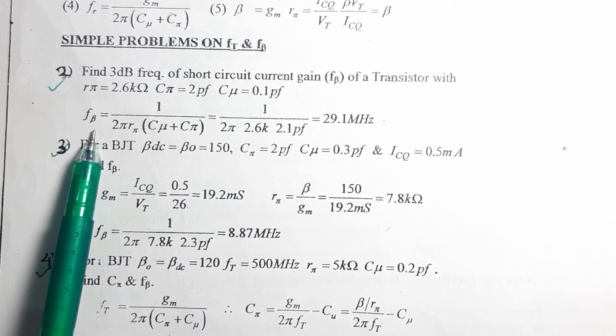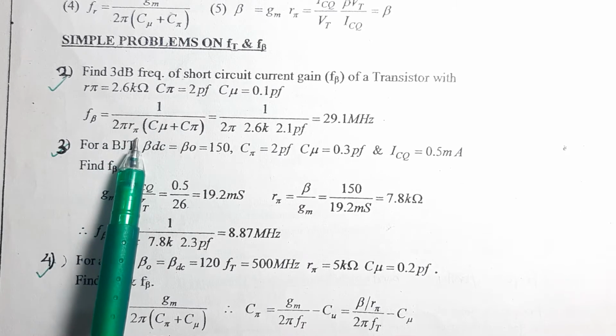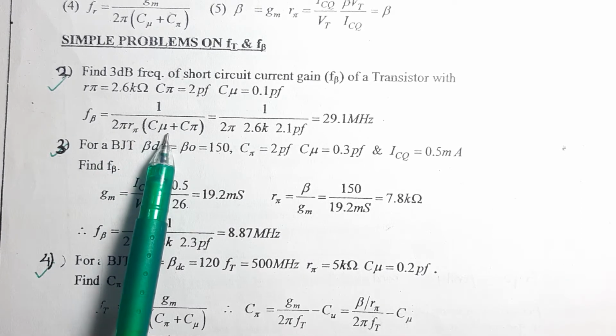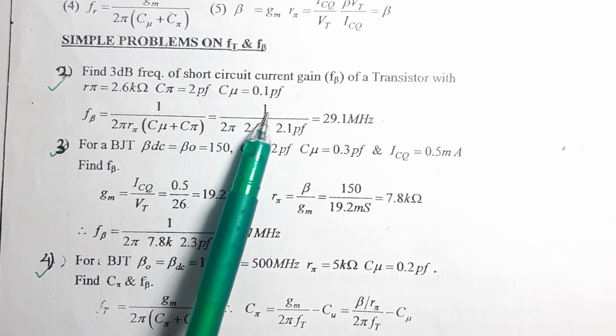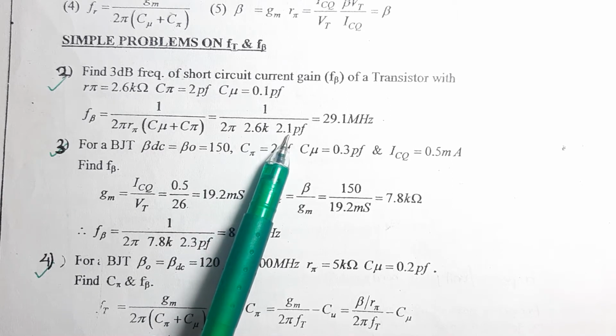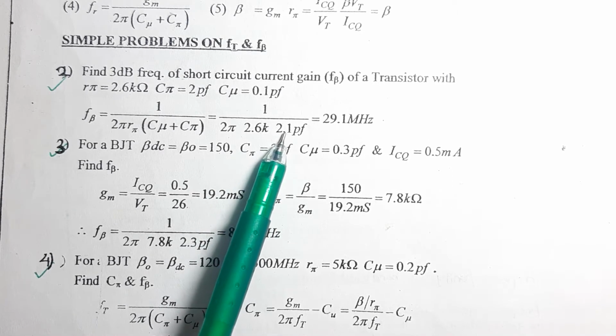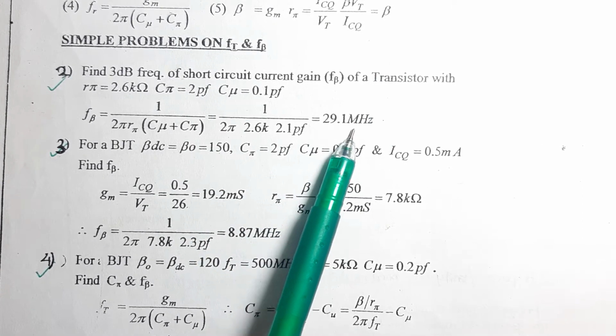To calculate f beta, it is a direct formula: 1 upon 2 pi into r pi into (C mu plus C pi). So it is 1 upon 2 pi into r pi into (2 plus 0.1), that is 2.1 picofarad, which is equal to 29.1 megahertz.